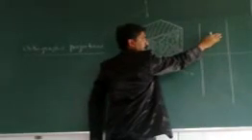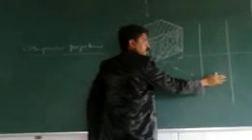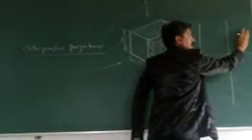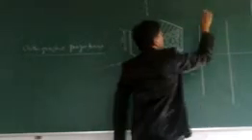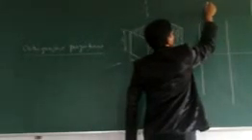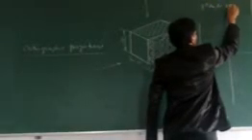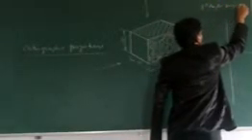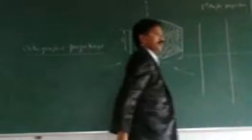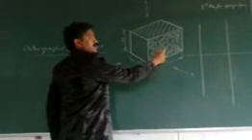This is meant for the front view, this is meant for the top view, this is meant for the right view, and this is according to the upstanding position. Now simply observe this shape and represent it.